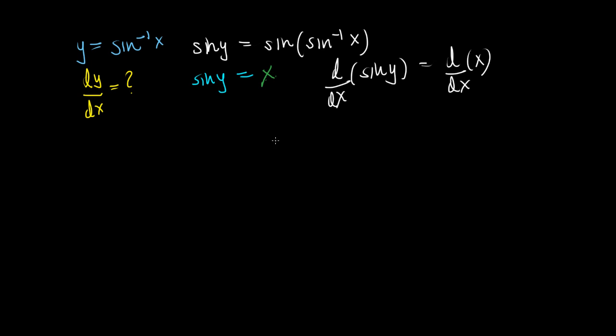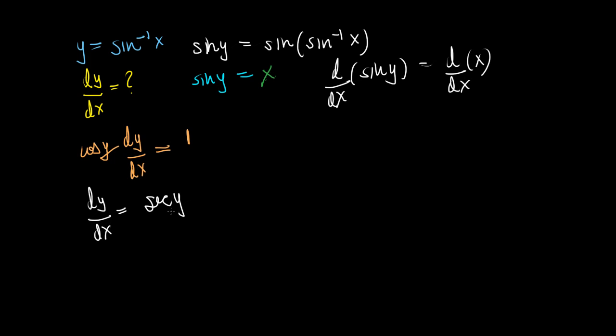Now d by dx of sine y involves the chain rule, so this becomes the cosine of y times dy by dx, and that is equal to d by dx of x, which is just 1. So we get that dy by dx is equal to 1 over cosine y, which is the secant of y.